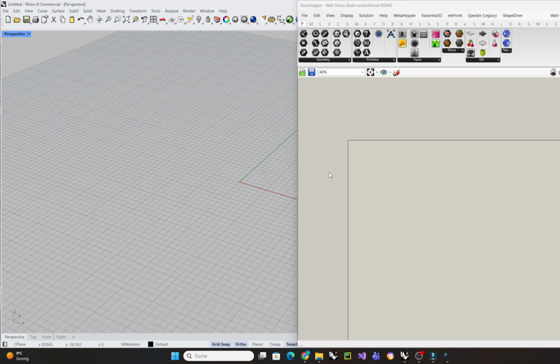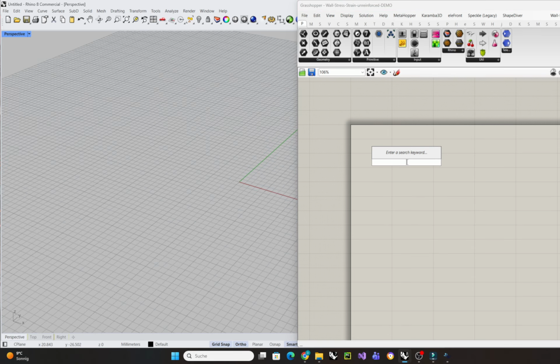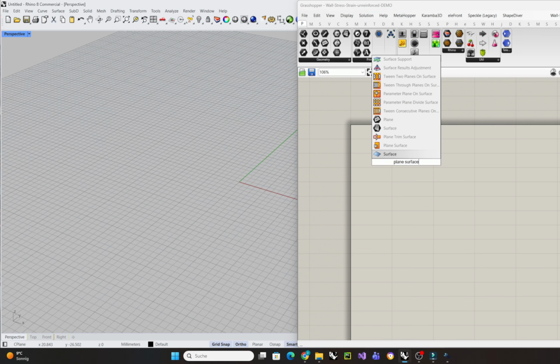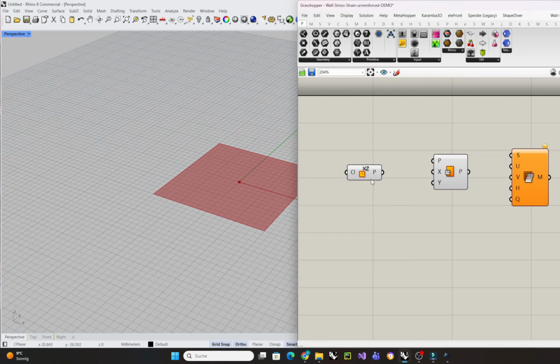Okay, welcome back. Now I'm in Grasshopper and I'm starting to build this wall using only Karamba tools. I need the Z plane.